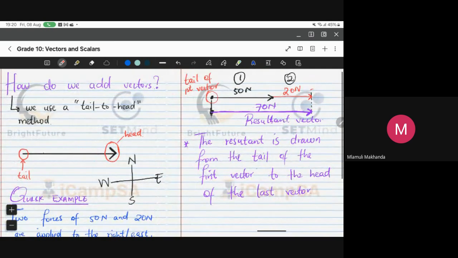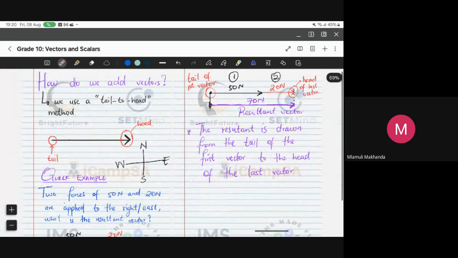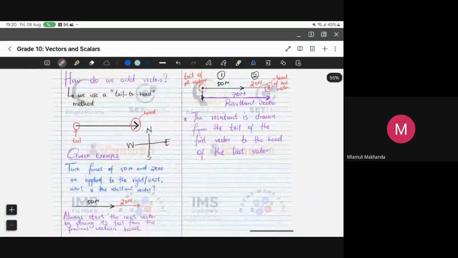Head of the last vector, that one. My pen is misbehaving. Aha. So that's how you would draw a resultant vector. Good.